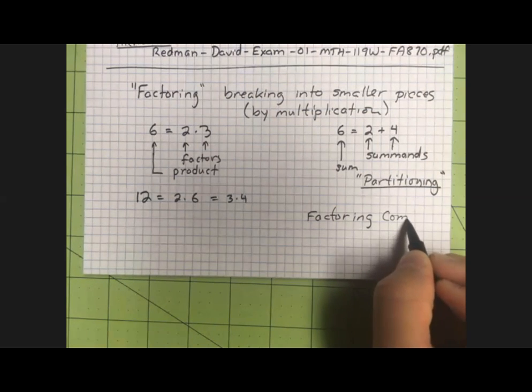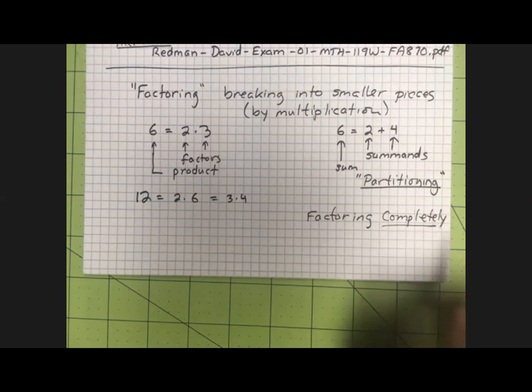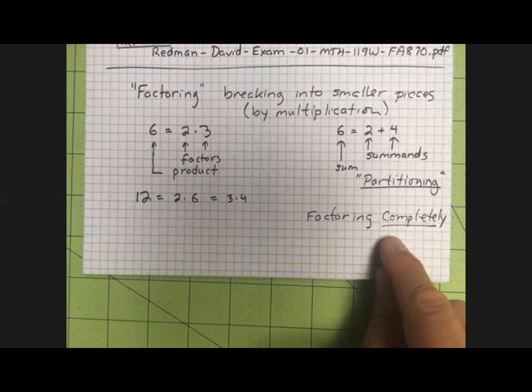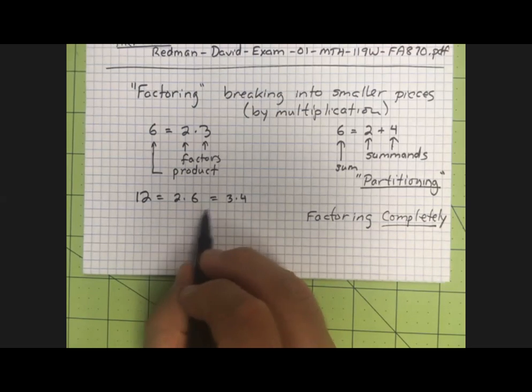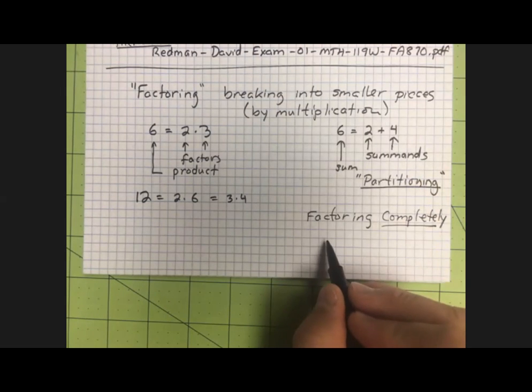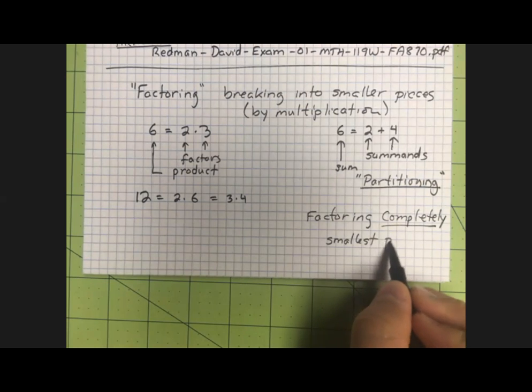We're going to demand that you factor completely. That's usually the problem. What does it mean to factor completely? I factored, but he told me I didn't factor completely. Well, the idea is not just to break things into smaller pieces, but to break things into the smallest pieces possible.